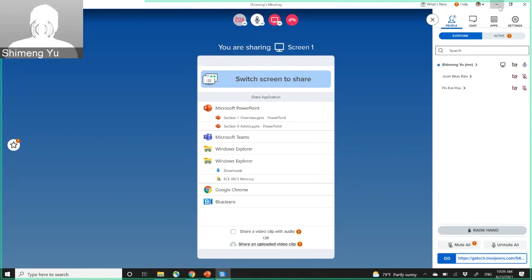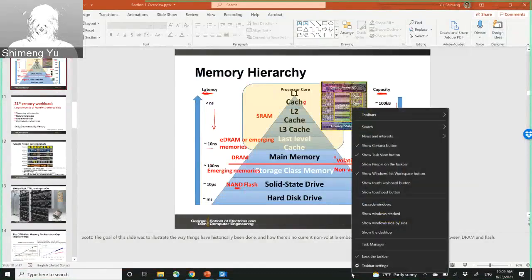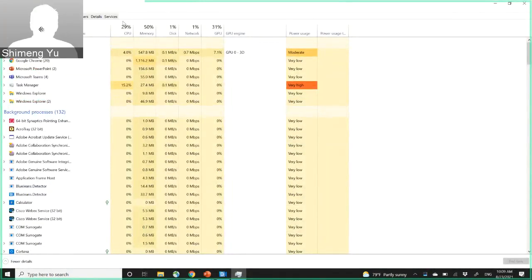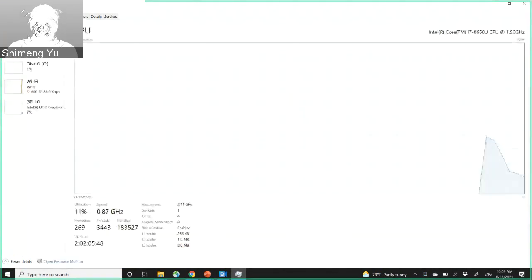For example, you can also look at the memory specs for your laptop. For my laptop, which was purchased 3 or 4 years ago, this is an Intel i7 with a nominal clock frequency of 1.9 gigahertz. Here you see it has a cache hierarchy: L1 cache in this case 256 kilobytes, L2 1 megabyte, L3 8 megabytes.